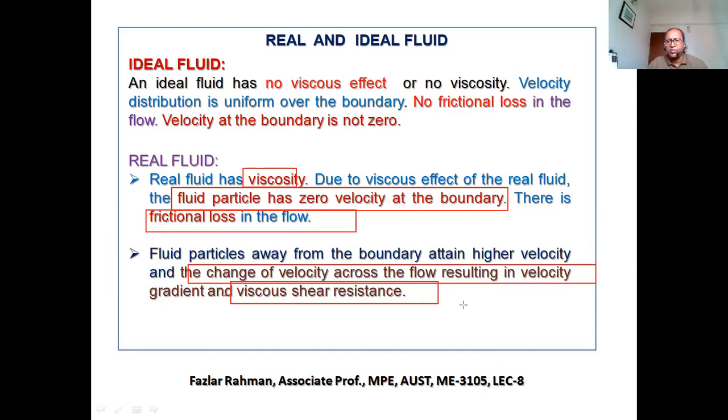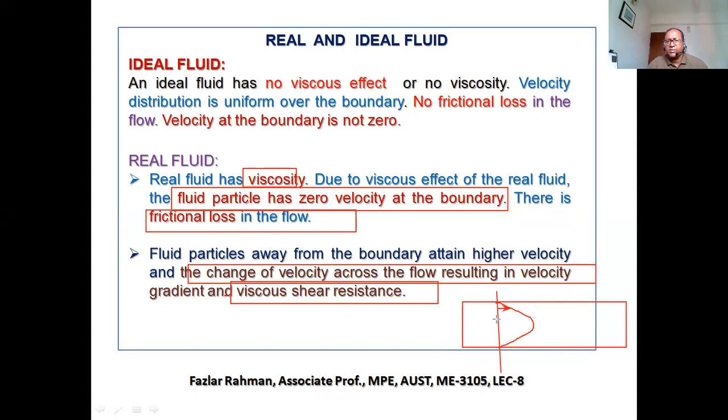So if I draw a pipe, and I like to observe the velocity profile of the fluid particles, then it will be like that. So what does it mean? That means for the fluid particle at the wall, velocity is zero.